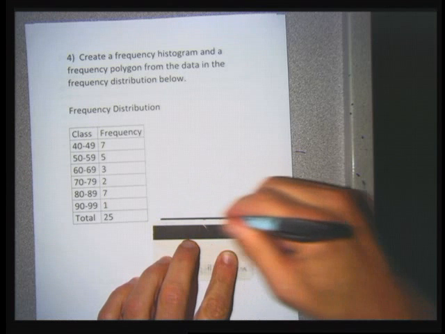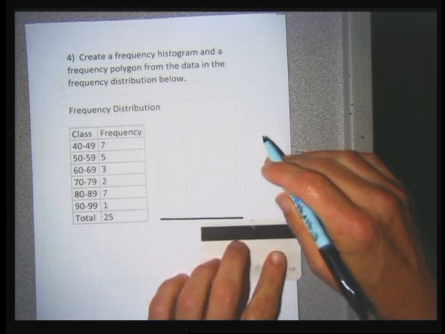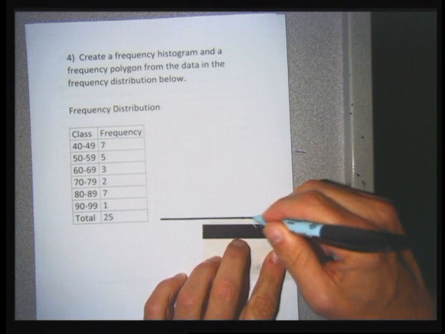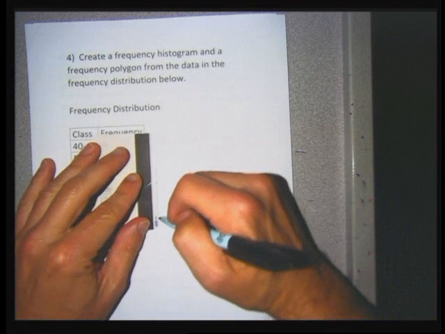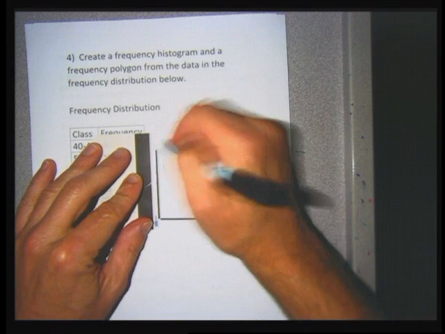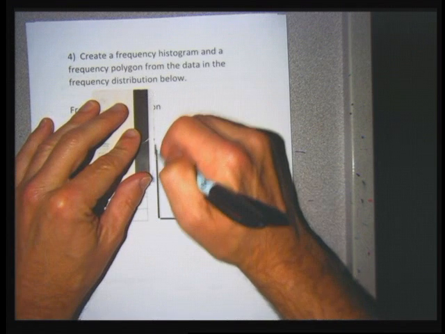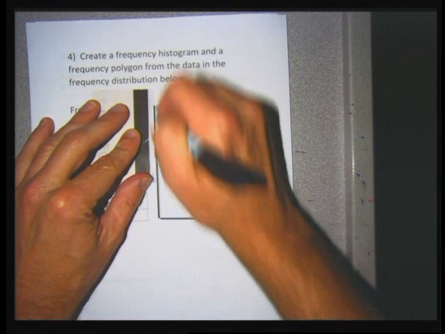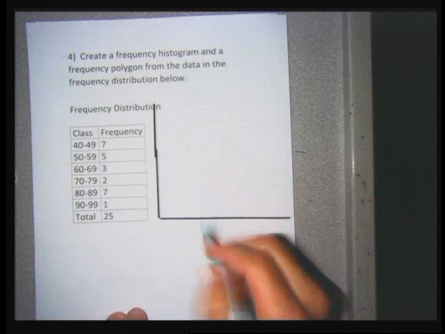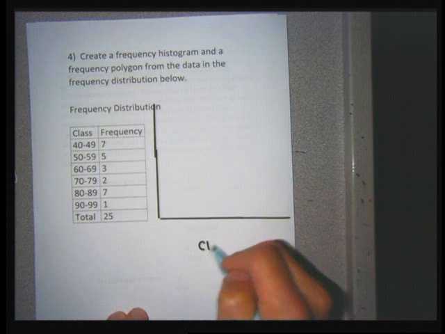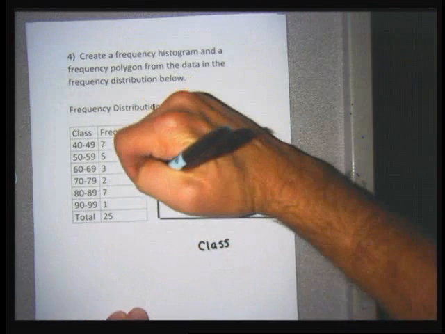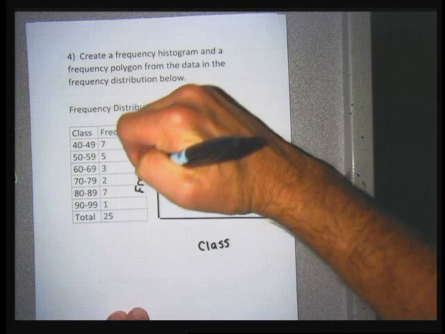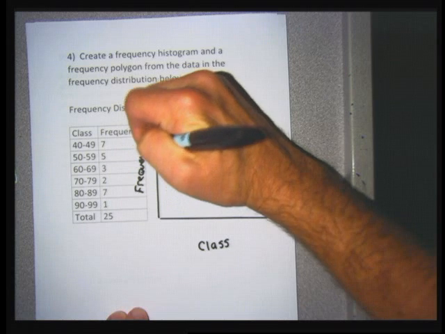My x-axis has to have room for those classes, and I think I can get those in pretty efficiently. My y-axis needs to go a little bit higher than your y-axis, or at least has more numbers on it. Beneath my x-axis I'm going to write class, because that's all that's written above the x column. To the side of my y-axis I'm going to write frequency.